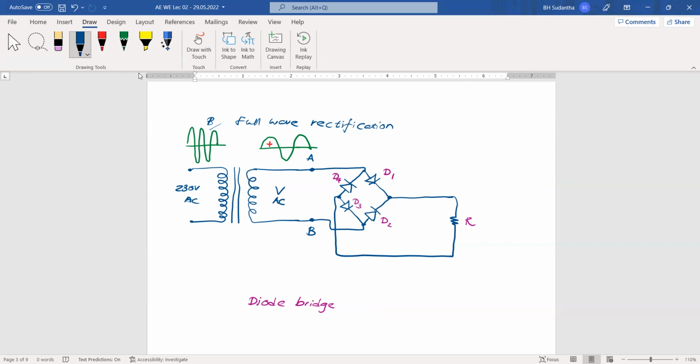Then it has to go through R, and through R it will come here.